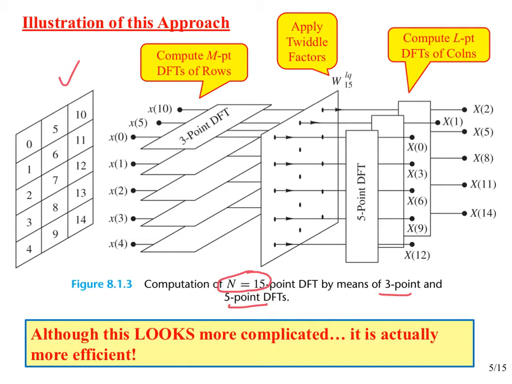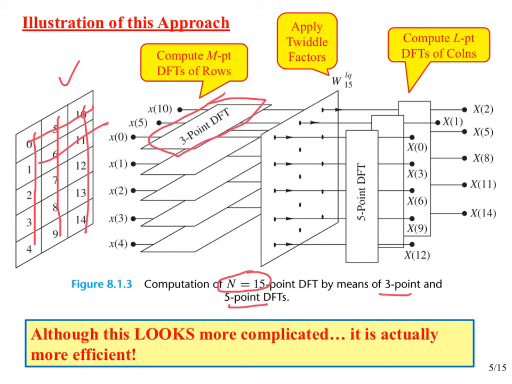So we can see that we've done column indexing, 0 through 4, 5 through 9, 10 through 14. So there's our column indexing. Then we're going to do DFTs, 3-point DFTs, across each row. So here are those DFTs.